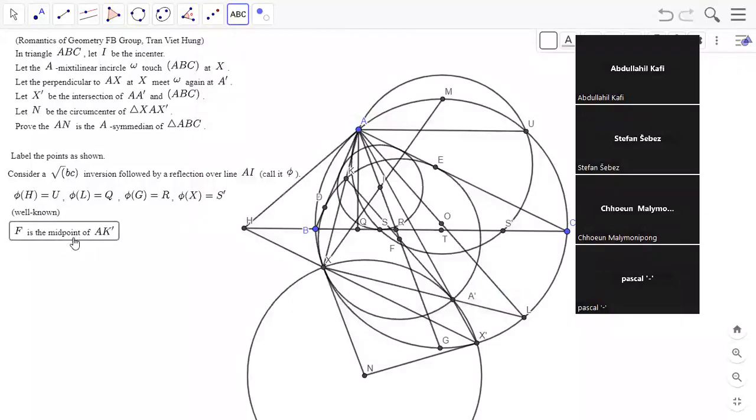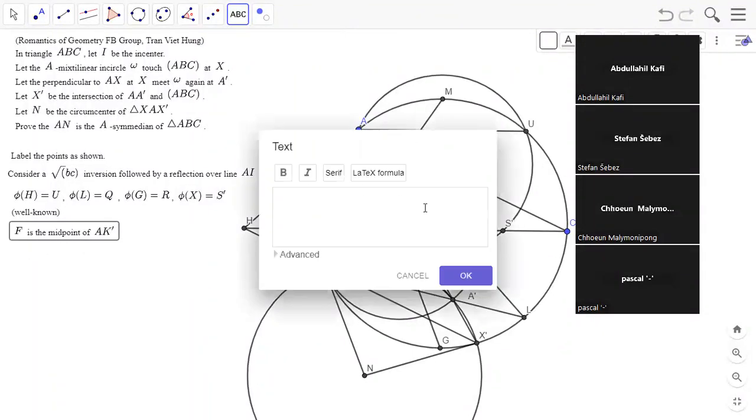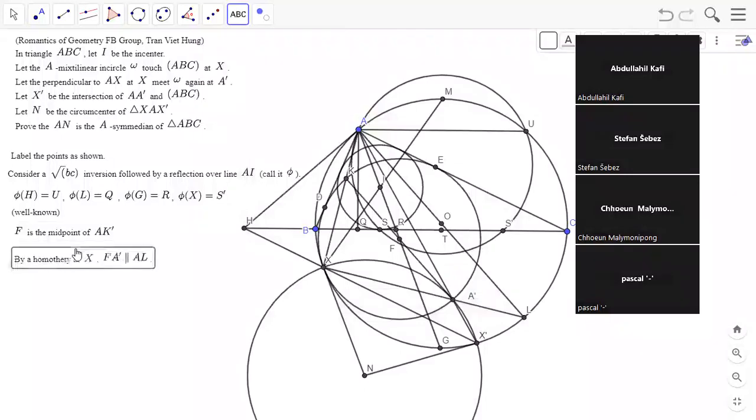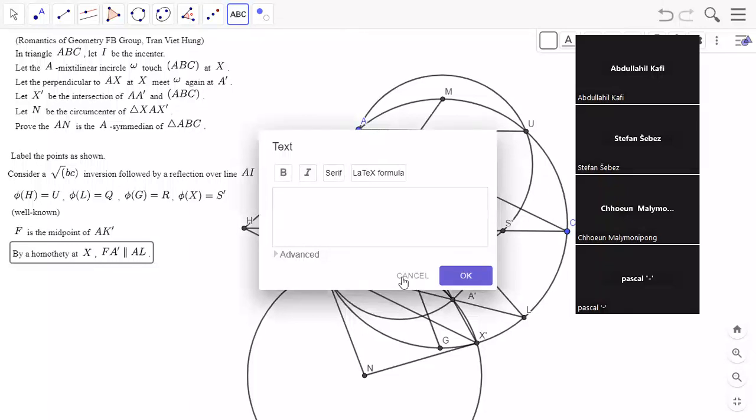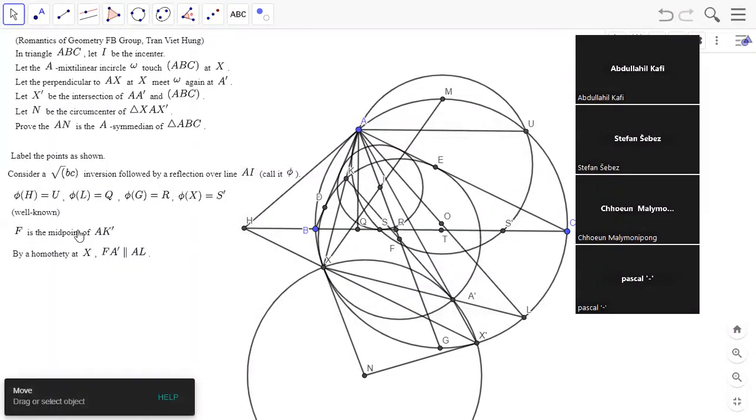And so then we project through A onto the circle. But we first need to know that AL is parallel to K prime, and that's obvious by homothety. So by homothety at X, projecting through... actually, I'll flip these.